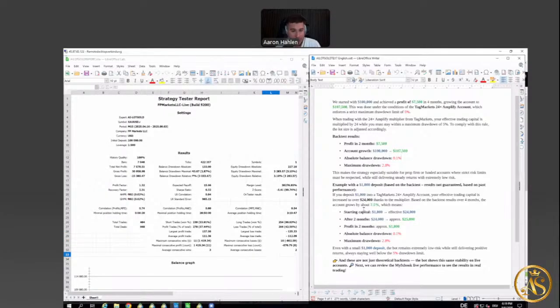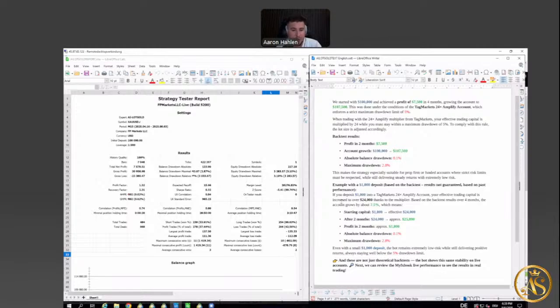And now a little example with a $1,000 deposit based on the backtesting results right now. As always, those results are not guaranteed for the future. It's always based on past performance. So that's what we are talking about right now. No guaranteed results for the future.